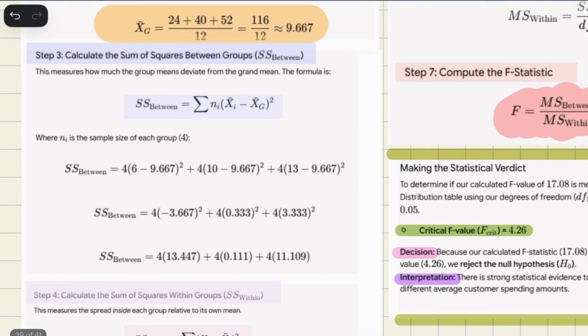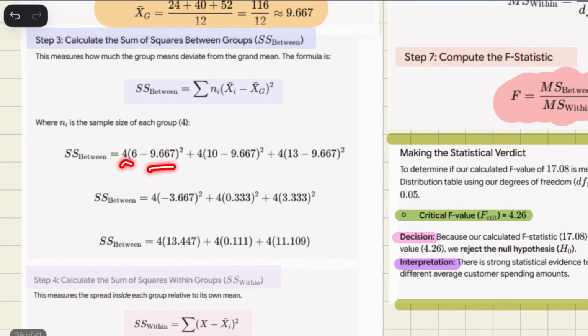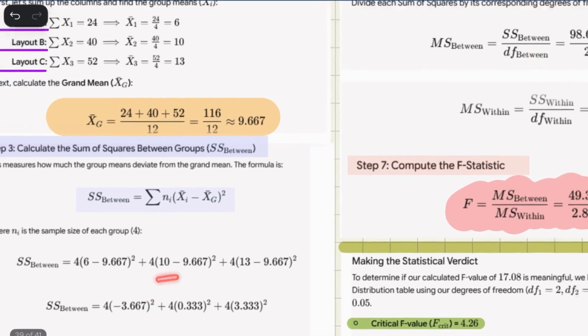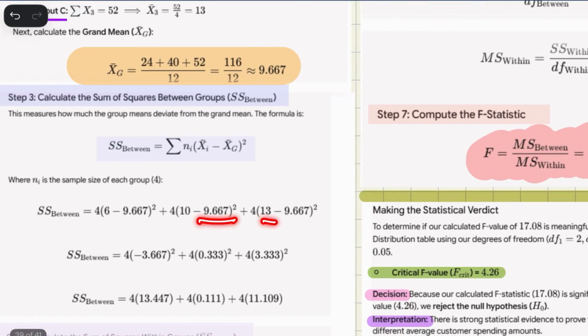So we put in the values: the mean of layout A is 6 minus the grand mean, the second mean is 10 for layout B minus the grand mean, and 13 minus the grand mean.